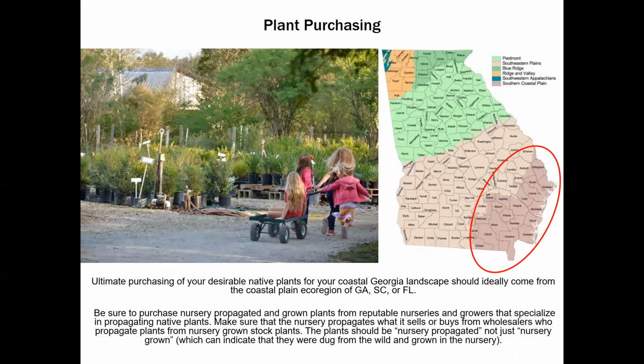If possible, if you can't find it from the Southern Coastal Plain, try to at least limit your purchases to the broader coastal plain ecoregion, because although that species may occur in the Piedmont or the mountainous ecoregions, individual plants have evolved differently in those particular conditions of the climates and regimes of those ecoregions. And we want to make sure that you purchase a native plant that will thrive in the conditions in the coastal plain.